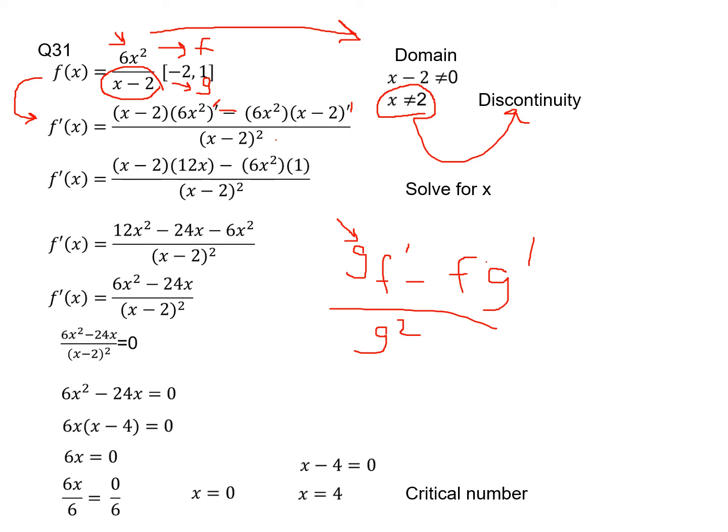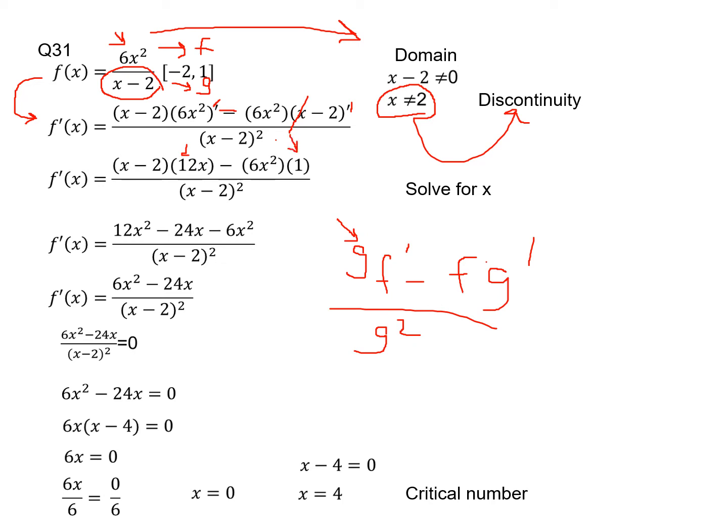Now here in the numerator, let's see what is happening. x minus 2 as it is, but on 6x square you have a prime, so you will take the derivative. So 2 times 6 will give you 12x. This 6x square will be written as it is, and the derivative of x is 1.